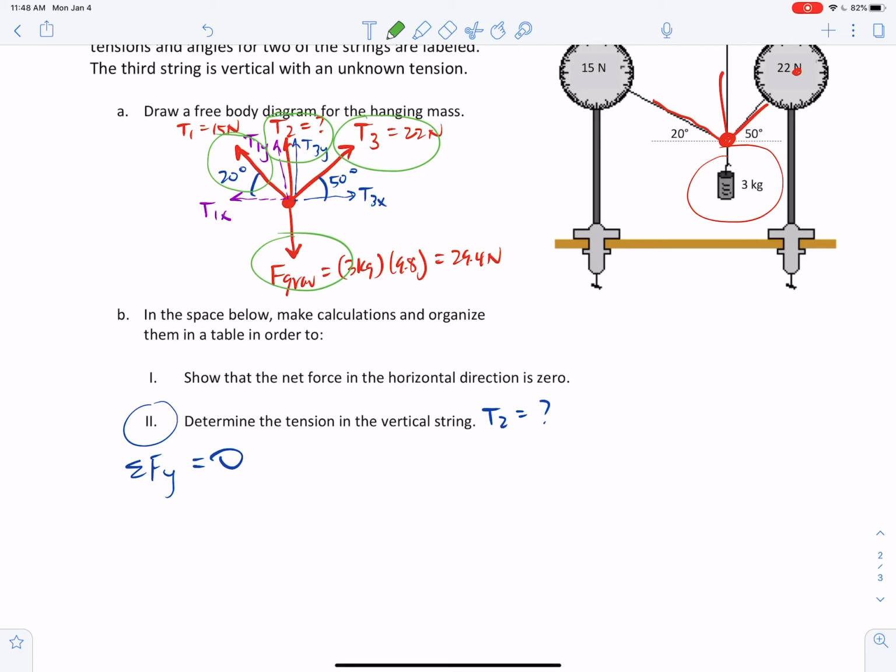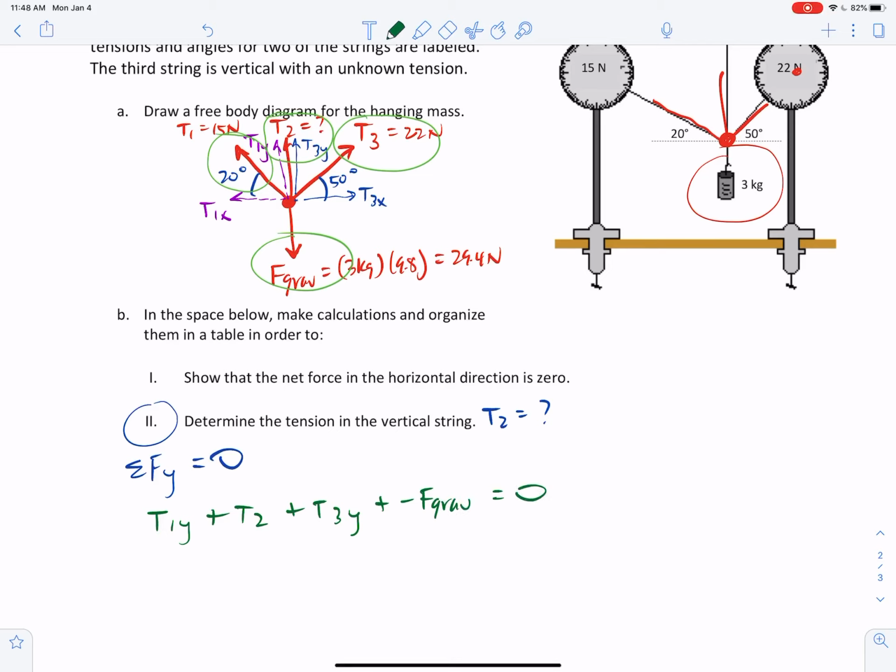So I'm going to use all 4 forces. I'm going to use T1's y component plus T2 plus T3's y component plus the force of gravity, which is down, so I'm going to make it negative, and set it equal to 0.